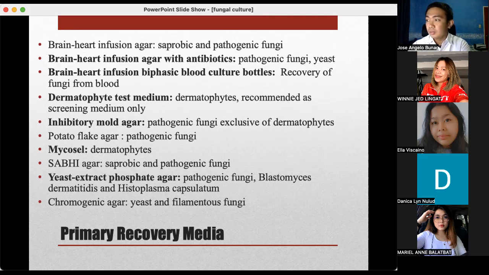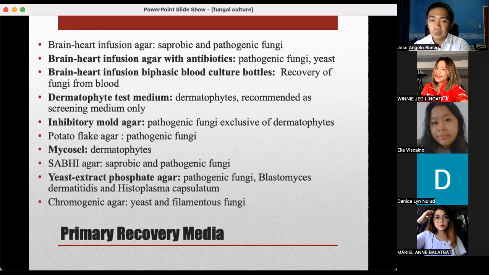Okay, another, we have your inhibitory mold agar for pathogenic fungi exclusive of dermatophytes. We also have your potato flake agar. So this encourages the growth of your reproductive structures. Yung ating mga mycosel or mycobiotic, ginagamit po siya for selective media used to isolate pathogenic fungi, such as your dermatophytes, saka yung mga systemic fungi natin.